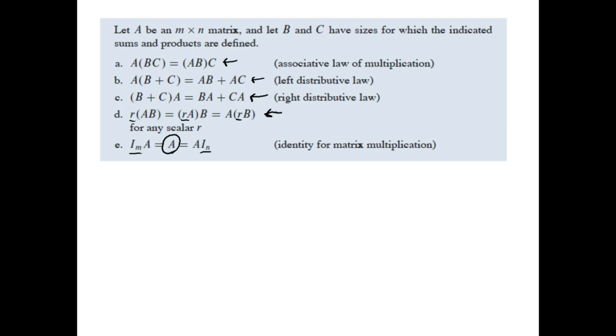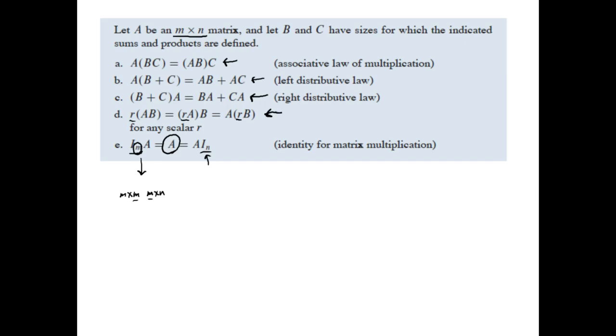The only reason that they're different statements is because A is an m by n matrix. This I is m by m. Remember, I is always a square matrix, and A is m by n. This has to be an m by m identity because those have to agree. And for the same reason, this one has to be an n by n identity for this to work.